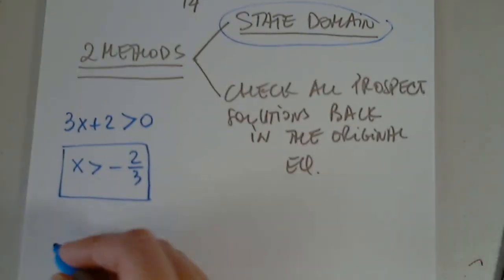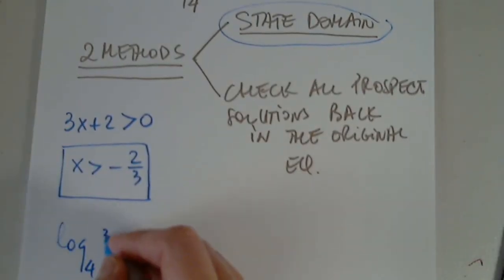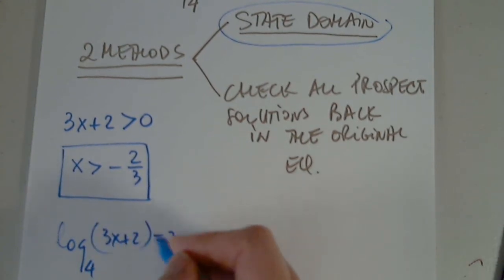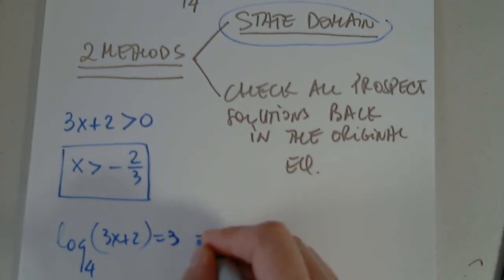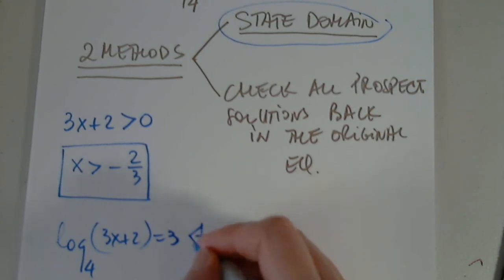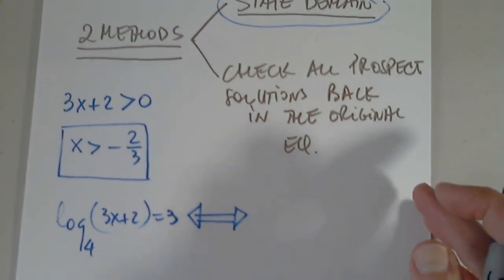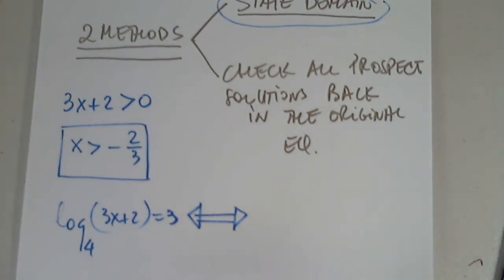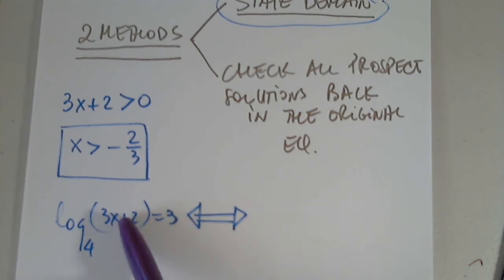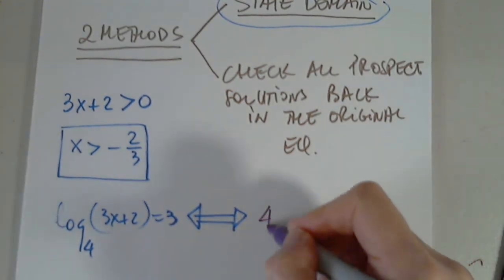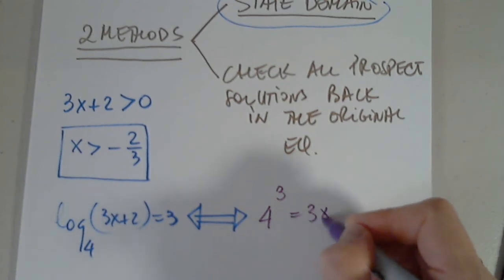So now I'm going to copy the equation. And I know that this can be converted into an exponential equation. How do I convert this into an exponential equation? I start with 4 raised to 3 equals exactly, 4 to the third equals 3x plus 2.